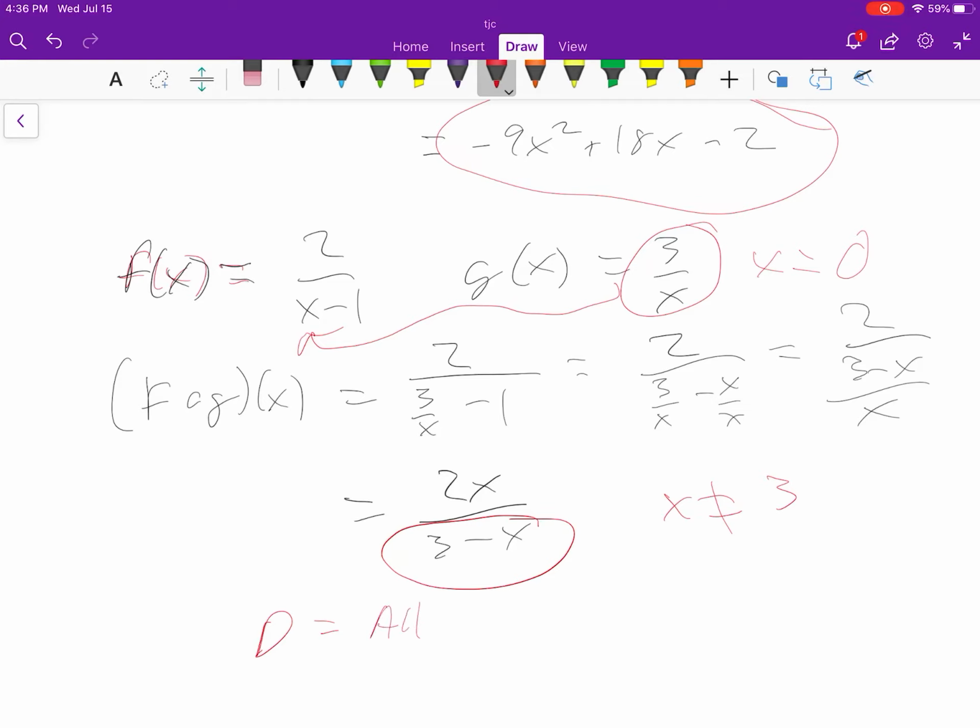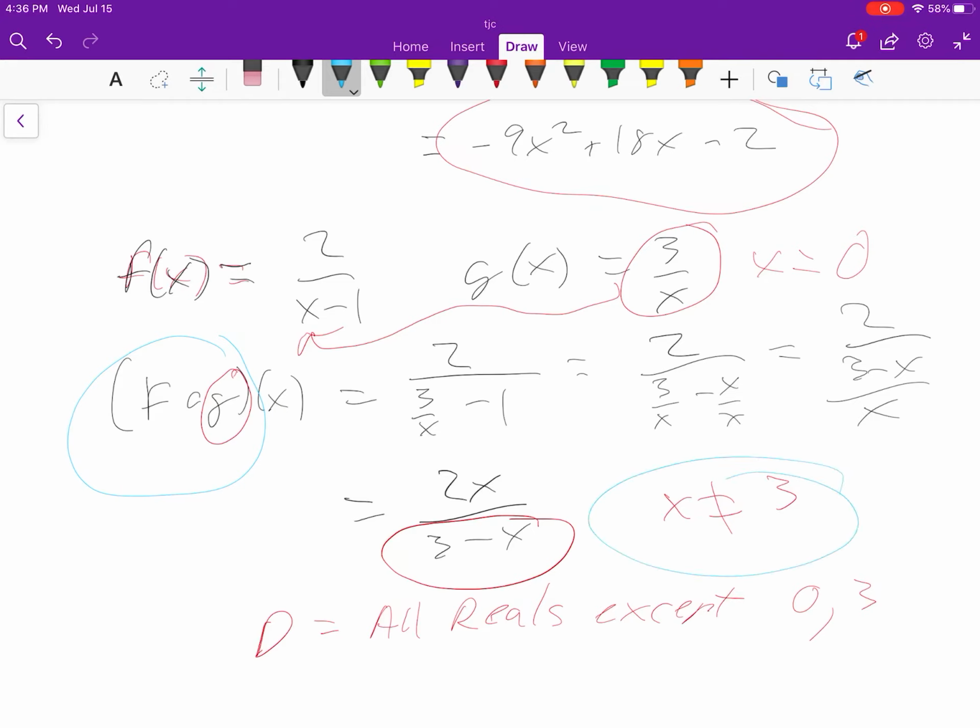So your domain is all reals except 0 and 3. And then you're like, well, what about f of x, the original function, which had a restriction that x couldn't equal 1? Well, the original function, f of x, was changed by g. So when you're looking at the domain of these composite functions, you're going to look at how g is restricted and how the overall function is restricted.